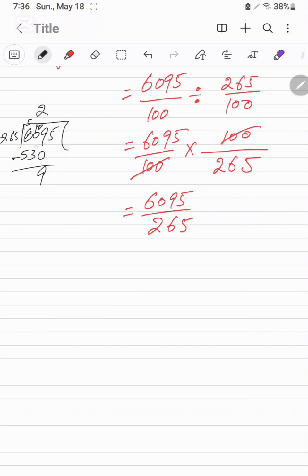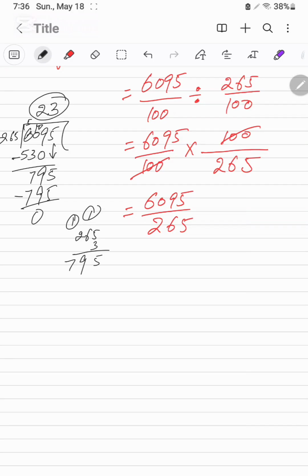We will subtract 3 from 10, it is 9, and after that next we will carry down the 5, it is 795. Now we multiply 265 by 3, it is 15. 1 carry, it is 18 plus carry, it is 19. 1 carry will be here, 2 3s are 6 plus 1, 7, 795. There will be 3. After subtraction, its remainder will be 0.